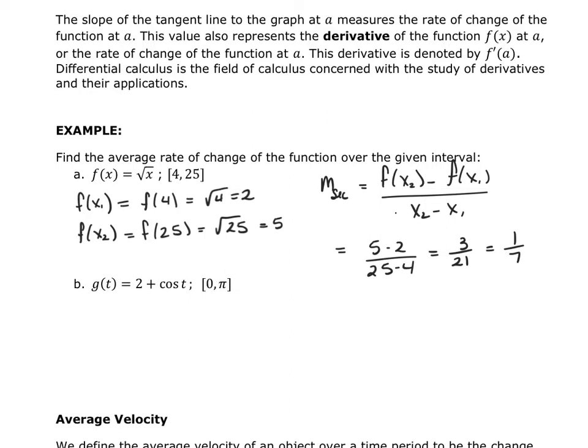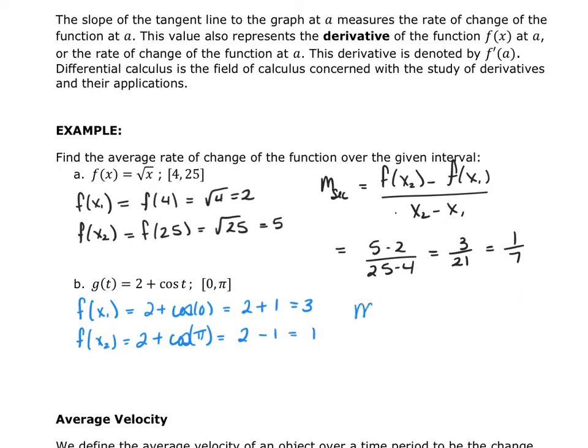Let's go ahead and take a look at our next example here. We're going to do the same thing. We're going to find f of x sub 1, which is equal to 2 plus the cosine of 0, which is 2 plus 1, which is 3. And then f of x sub 2, which is 2 plus the cosine of pi, which is 2 minus 1, which is 1.